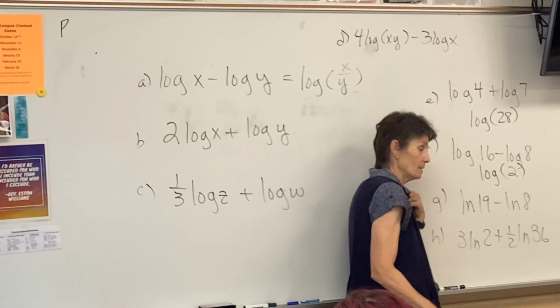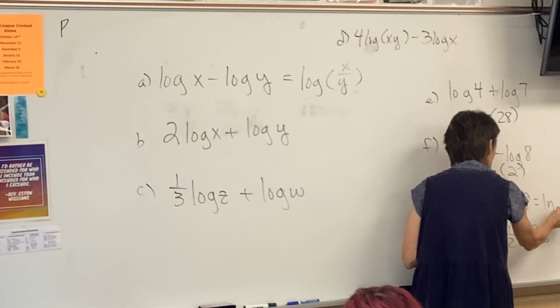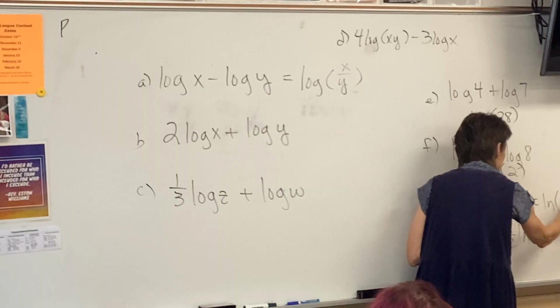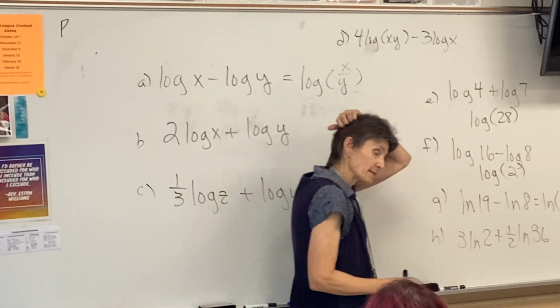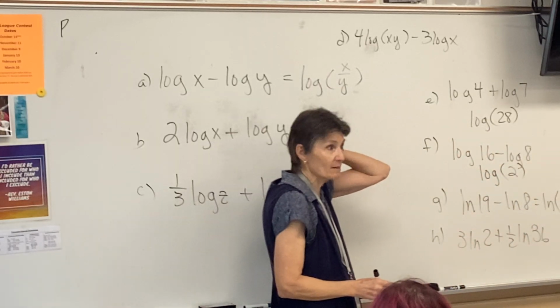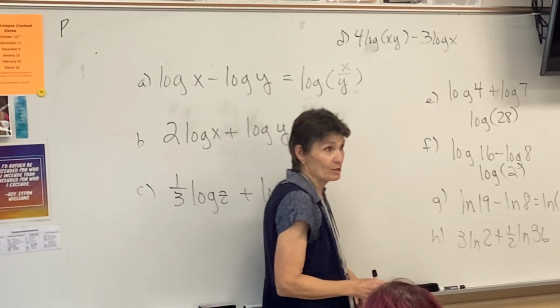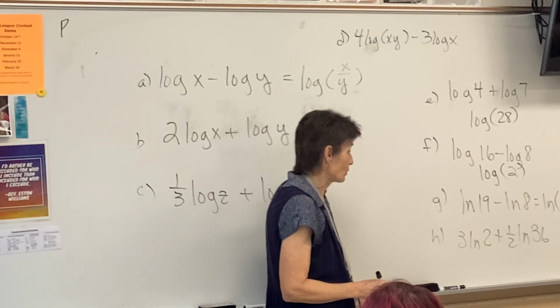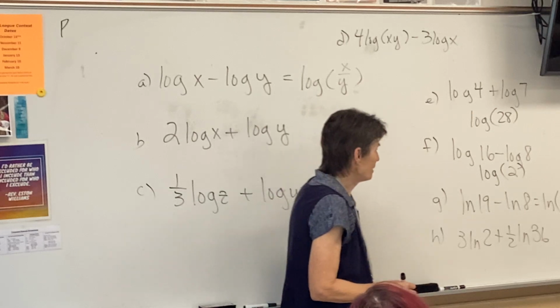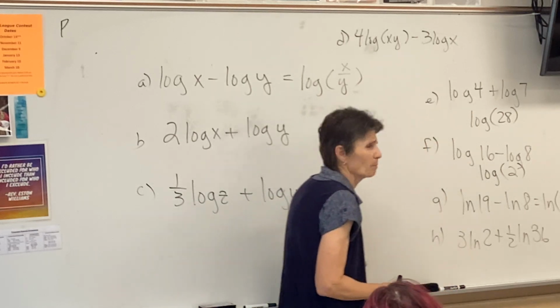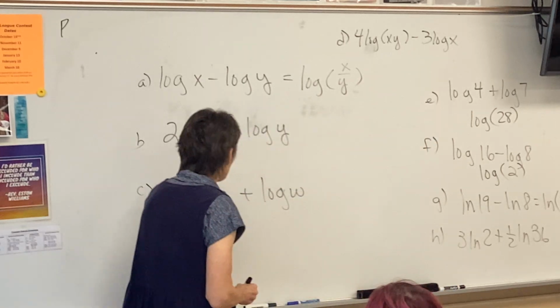Yeah. So that's just going to be ln 19 over 8. Yeah. 19 over 8 doesn't reduce, so we'll just leave it 19 over 8. If it did reduce, we would reduce it. It's always a good idea for this part.